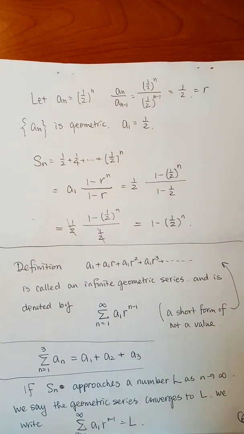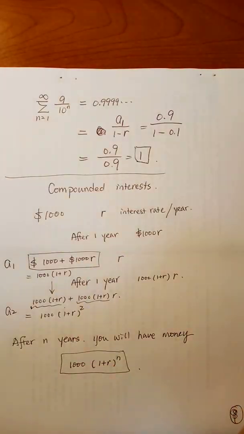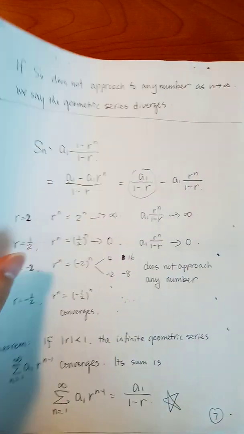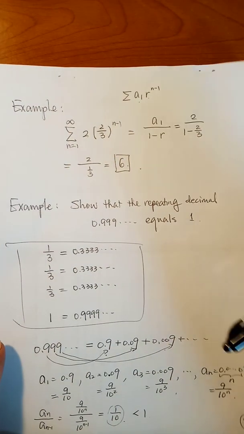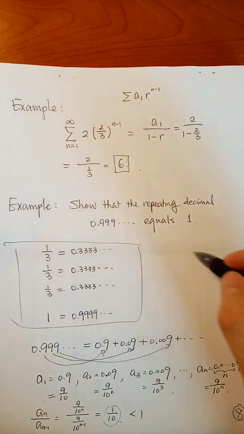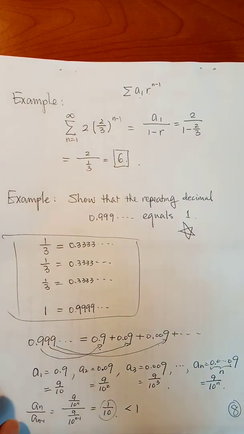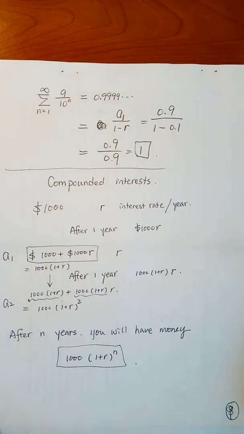Sixth page. 7. The theorem, the geometric series, is important. 8. And this example is important. We will see some similar problems in the exam. And 9. Okay, we stop.